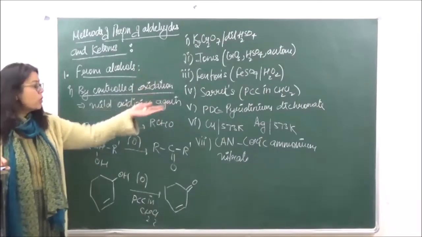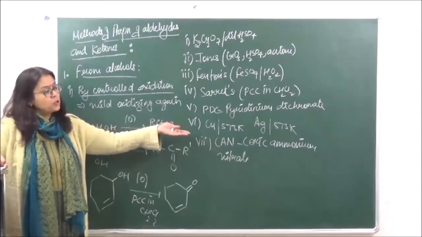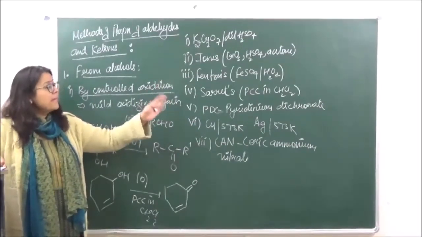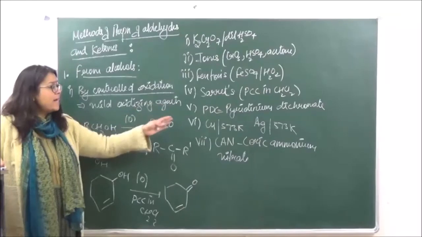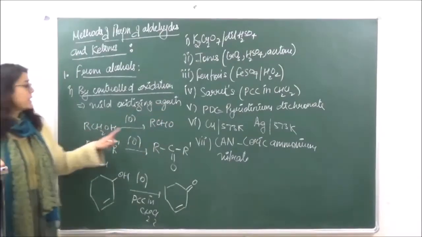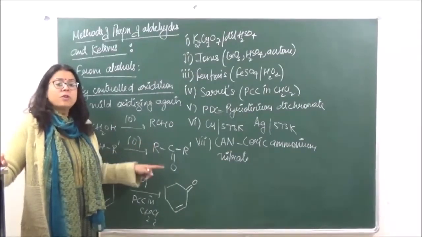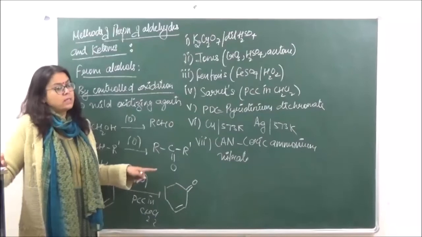If you use strong oxidizing agents, the aldehydes will be easily converted to acids. So the main purpose of using mild oxidizing agents is that the alcohols stop at the formation of aldehydes, and the aldehydes are not further oxidized to acids.